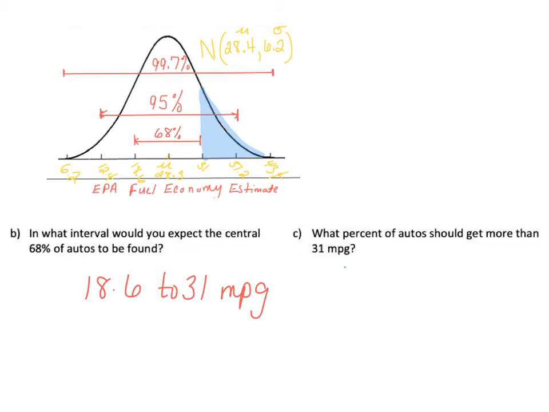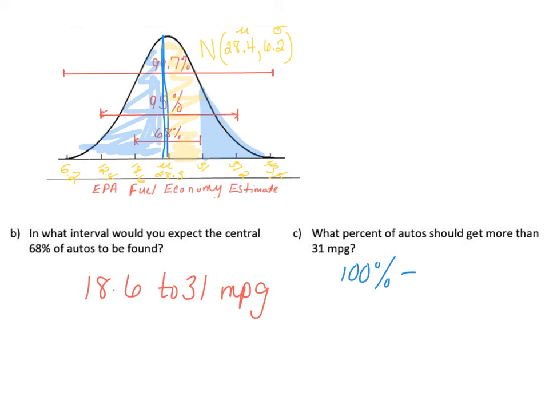So if I took 100% minus, well, what percent is contained up to 31? There's probably a couple of ways you could do this, but my brain says, okay, the mean is splitting right down the middle. So the mean would be 50% to the left, and then there would be another 34% right here.